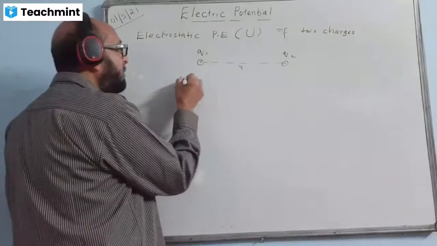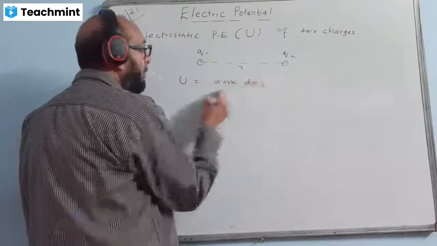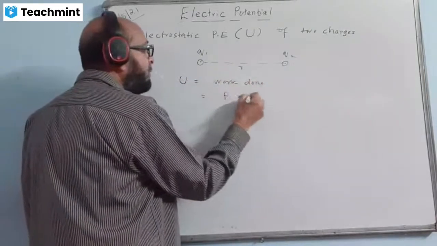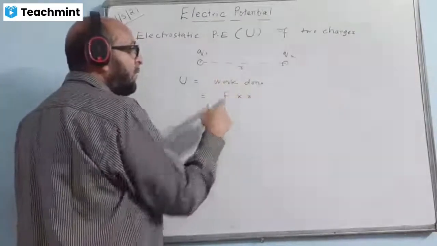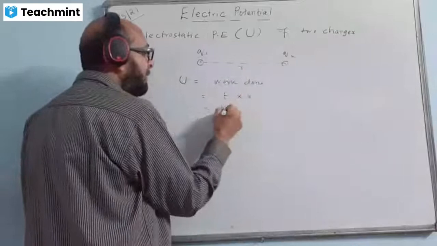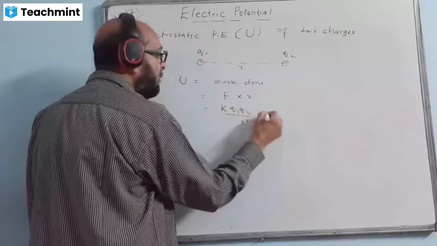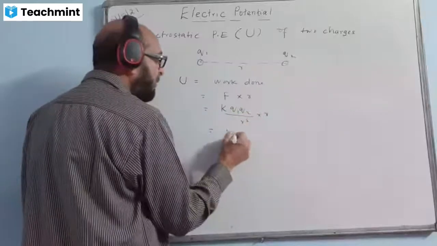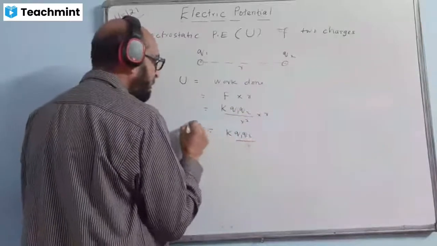So we'll be writing U is equal to work done, force into displacement R. The force acting between them is Coulomb's force, that is K Q1 Q2 by R square into R. This R cancels, the formula becomes K Q1 Q2 by R.